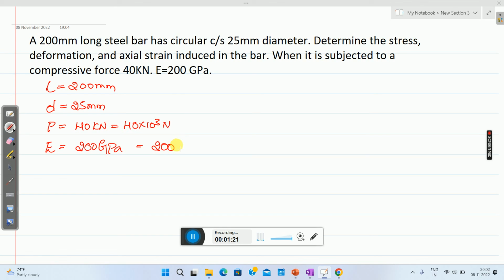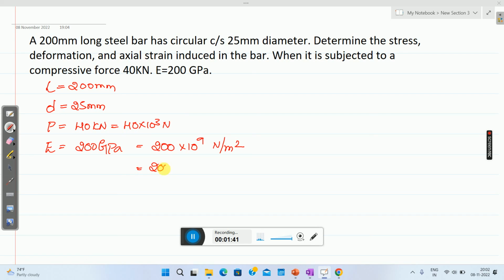So we know 200 GPa. Giga means 10 raised to 9. Pascal means Newton per meter square. So convert this 200 into 10 raised to 9 Newton per meter square to Newton per millimeter square.